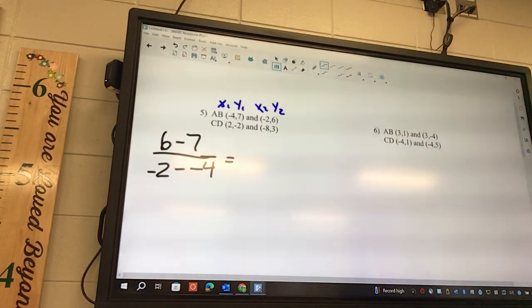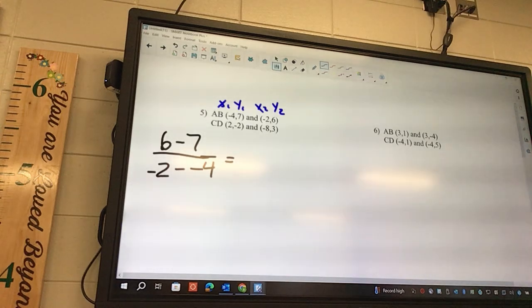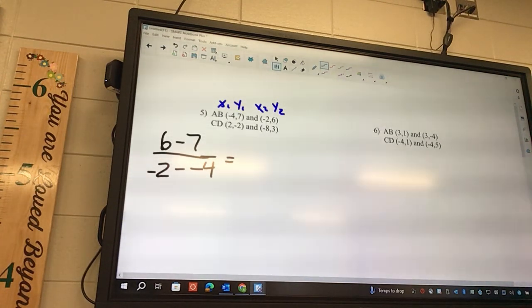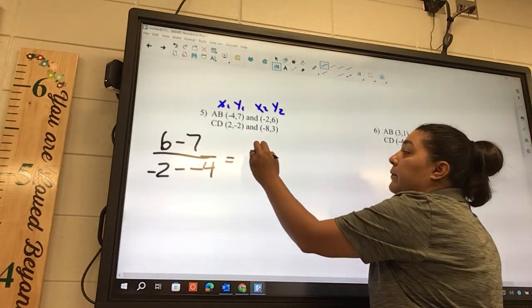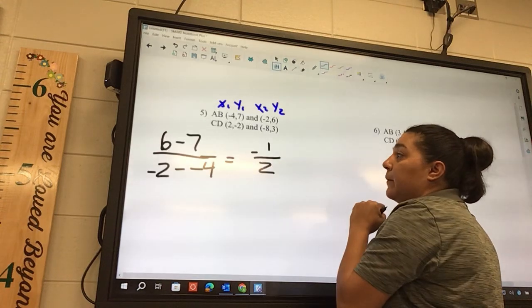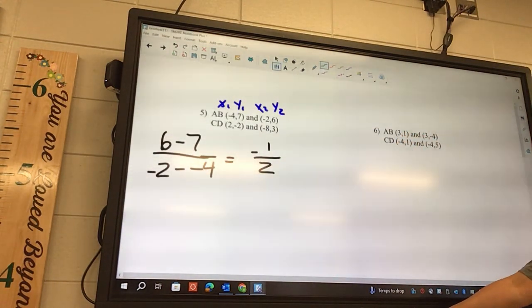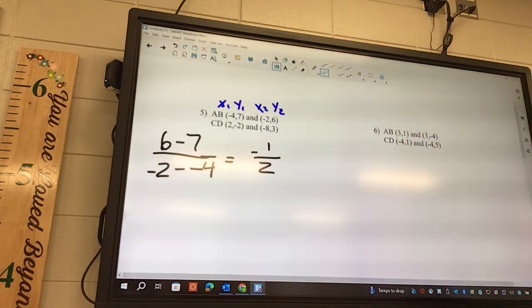So be careful when we're typing them in the calculator. Negative what? 1/2. Somebody agree? Yeah. Okay. These are really easy to make mistakes on, so that's why I asked if somebody agreed. Make sure that you're actually typing, okay?